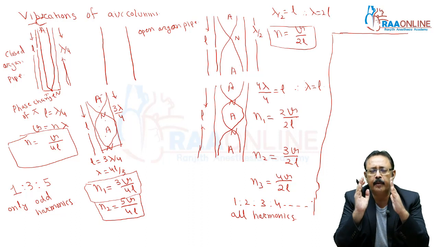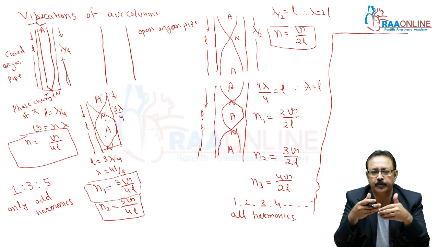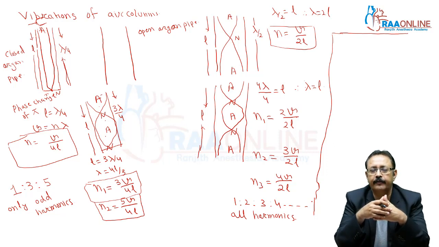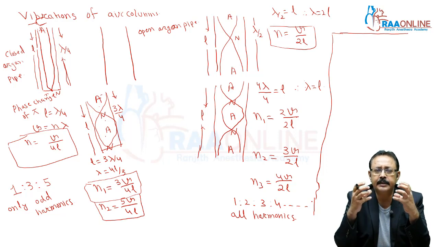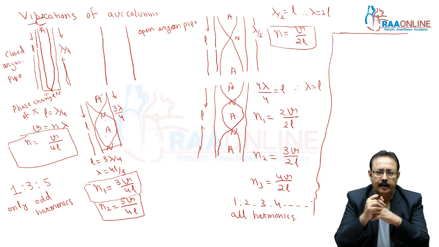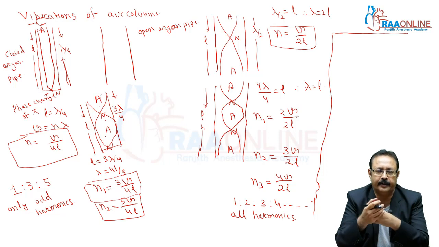So this apparent change, actually it is constant, but due to motion of you or motion of source, you are feeling that frequency is changing. So this apparent change of frequency due to motion of source or observer or both, you will get a decreased or increased frequency. This effect is known as Doppler's effect.